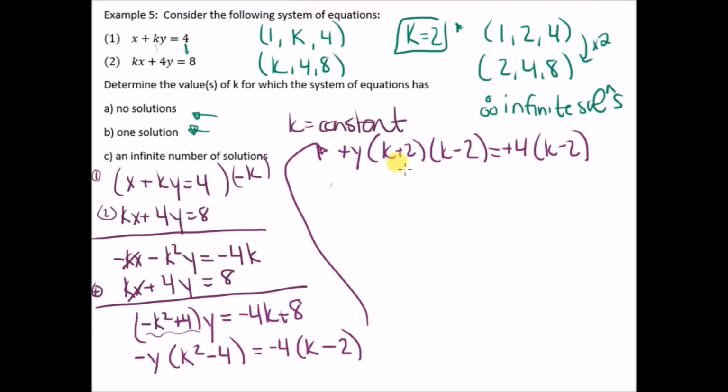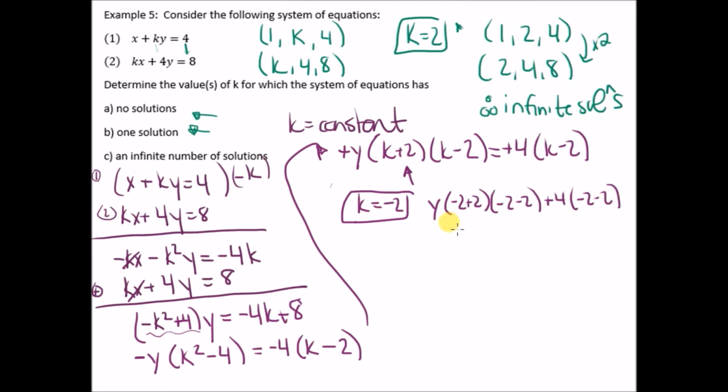So there are 3 different cases. Let's do when k equals negative 2 first. When k equals negative 2, we get y times negative 2 plus 2, times negative 2 minus 2, equals negative 4 times negative 2 minus 2.